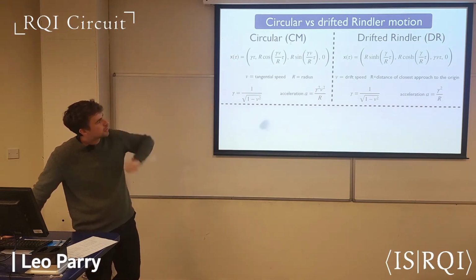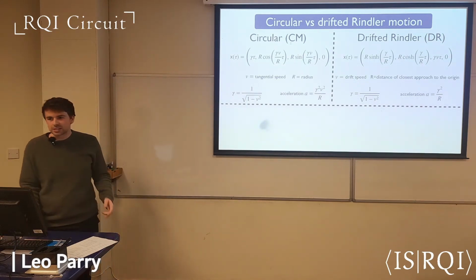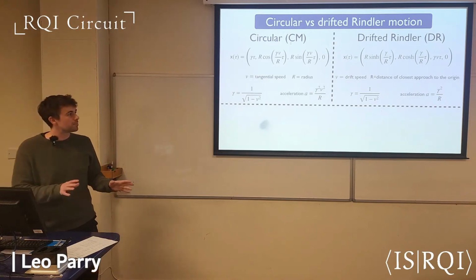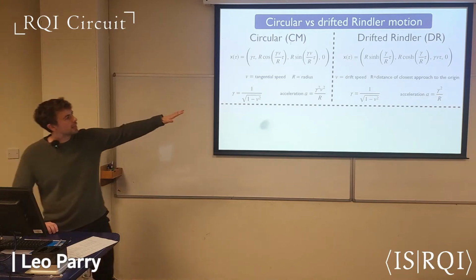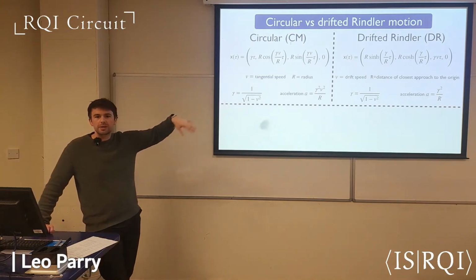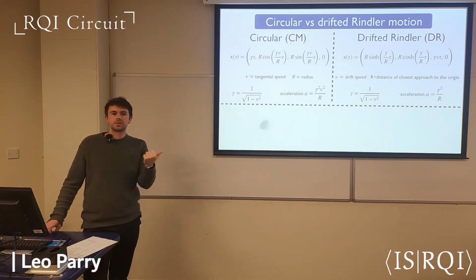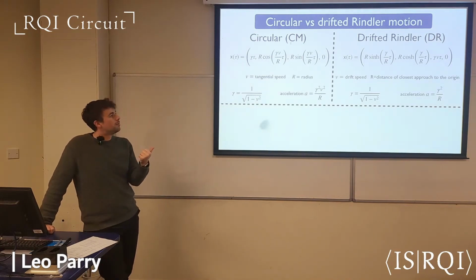In the case of drifted Rindler motion, again, I've written it in terms of a speed parameter and a distance parameter. In this case, v is no longer the speed of the spatial projection of the world line. It's this constant drift speed. And r is the distance of closest approach to the origin in this coordinate system.